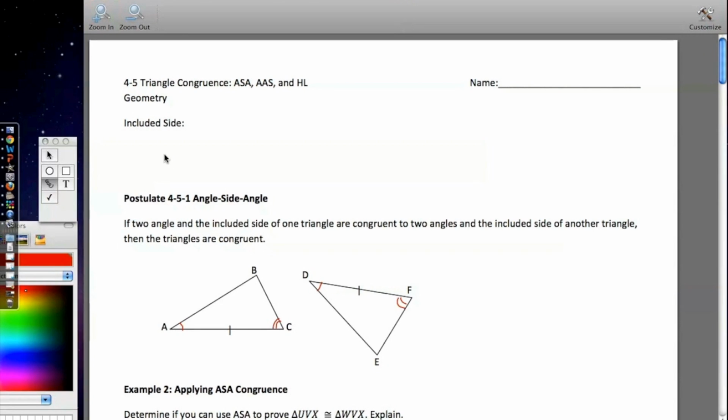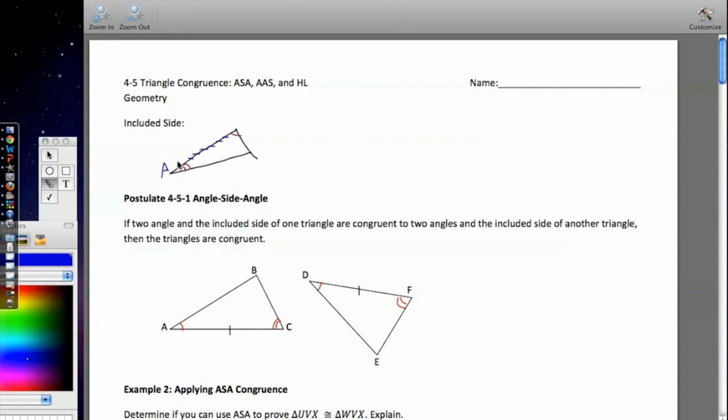When we talk about an included side, if we have a triangle, and I'm just going to go ahead and draw it this time, and I mark two of these angles this way, the included side is going to be this one here.